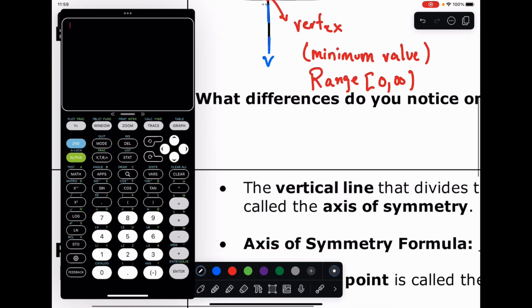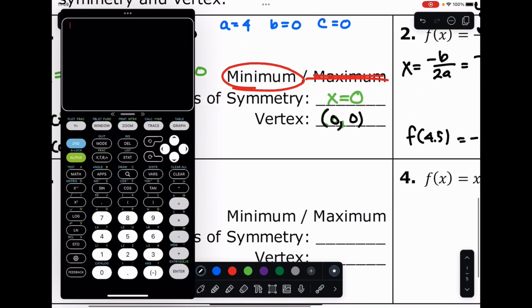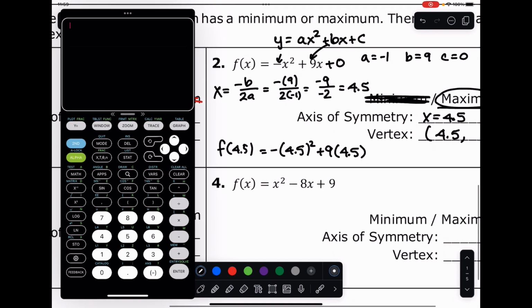Here we go. Problem number 2. So we're plugging this into our calculator. We're going to start by plugging in negative, parentheses, 4.5, raise that to the second power, plus 9, parentheses, 4.5.